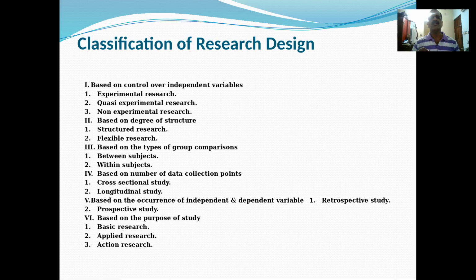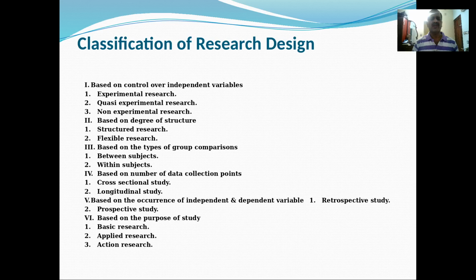Now the second thing is based on the degree of structure. We classify into two: structured research and flexible research. There are some researches which by make itself are structured. I mean, that is highly rigid. All the steps are clear cut.